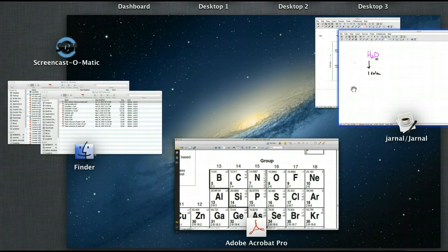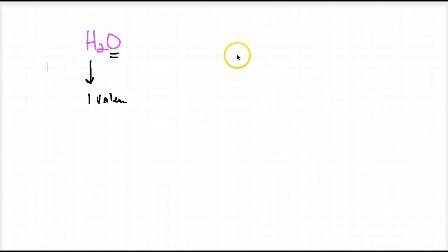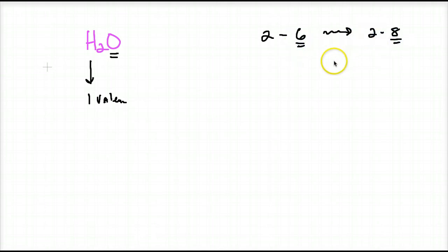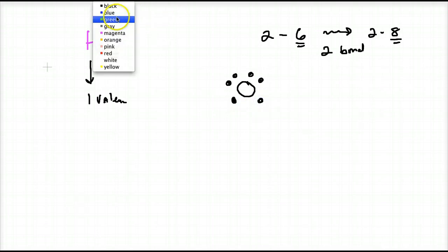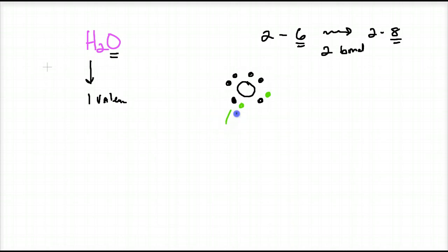So back to where I was. I know that oxygen has 6 valence, it's 2-6. It needs to become 2-8, so it needs 2 more electrons. It's going to make 2 bonds. Hydrogen makes 1 bond, so my oxygen is more central. Put out the valence. And there's my 6. And of course, I'm going to put out the 1 for each hydrogen.